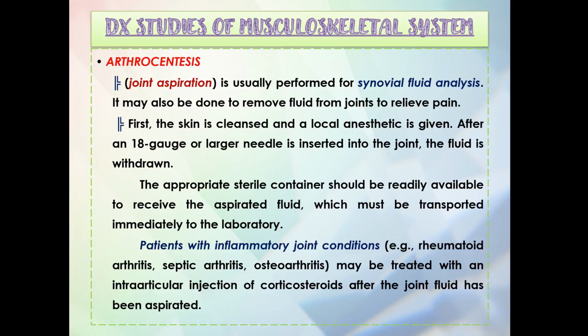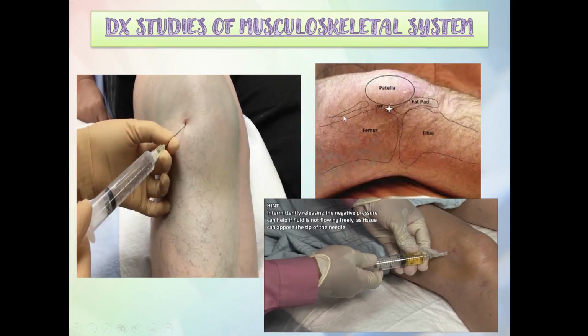So pwede na mag-inject ng steroid kapag ito yung mga problems: RA, OA, septic arthritis. So this is the procedure. Ito yung arthrocentesis. Okay, so this is where we aspirate the excess fluid. So si physician naman yung gumagawa niyan.